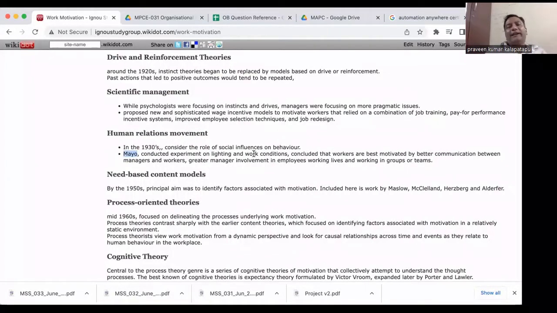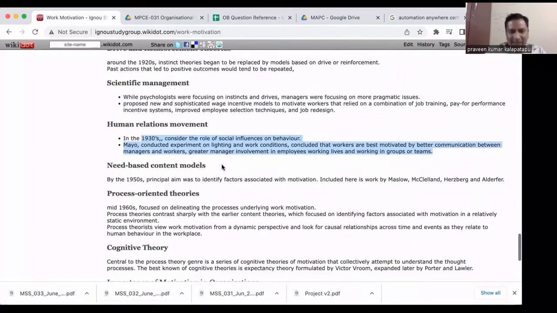Basically, in one of the factories, he started giving employees substandard lighting and work conditions. He started altering the factory conditions and made it worse. He took two batches, and for one batch he made it worse. What he concluded is that it didn't affect the employees at all. The motivation remained the same. Then he understood that it is the manager who is actually making them motivated. It's not those conditions. That is how he came to the conclusion that human relations are good.